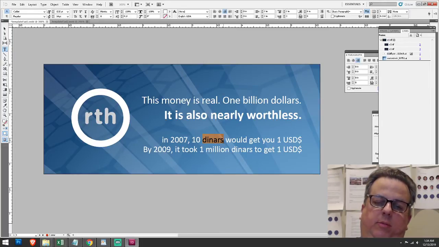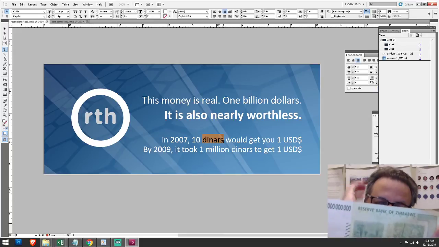the problem with the Zimbabwe money is that it's also called dollars.